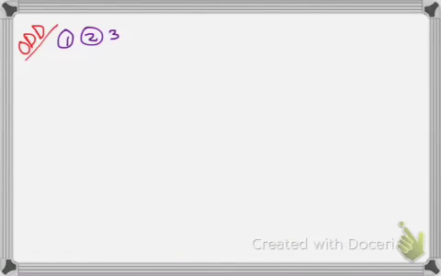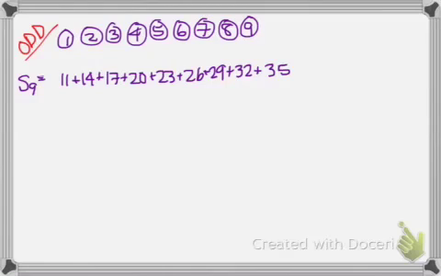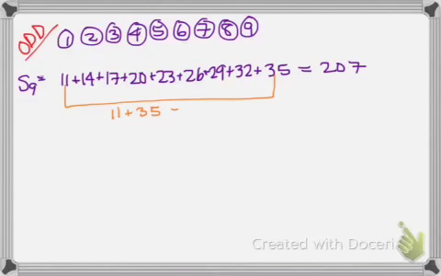We'll check and make sure that it works for odd numbers as well. So here we've got 9 terms instead of 8, and when we add those all together, we see that it's 207. So we'll double check and make sure that our formula works for this as well. So when I take 11 and 35, I get 46. And notice I get that for everything, but I'm left with that 23 in the middle.